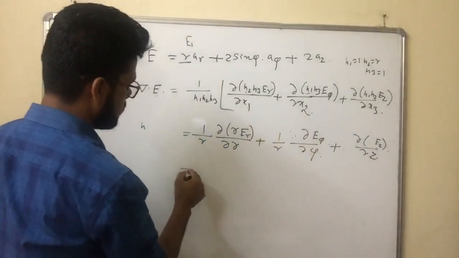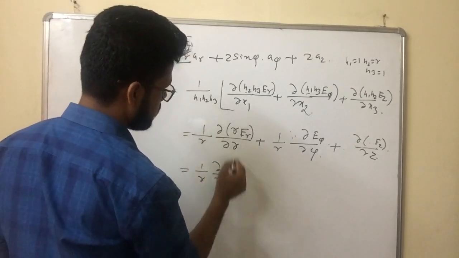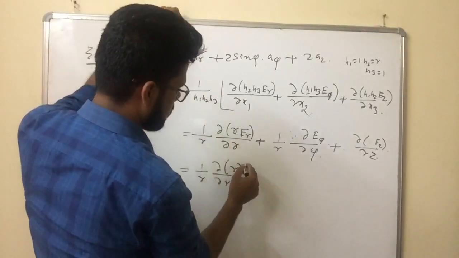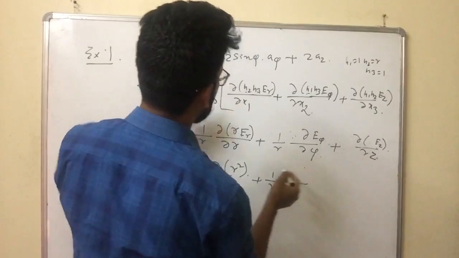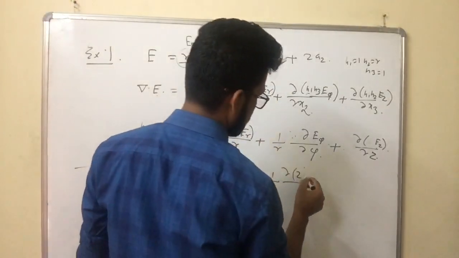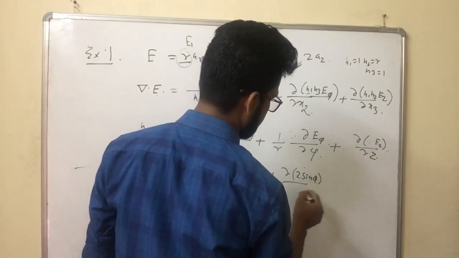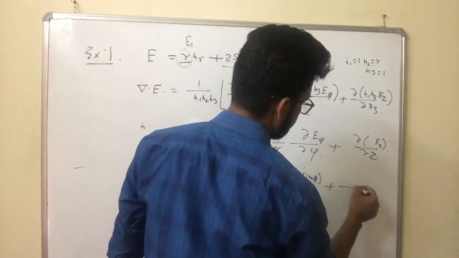So what we understand is, just put 1 by R, d by dr, put this value, E_R component is R. So it will be R squared. Next term, 1 by R, phi component is this one, Z sin phi, d by d phi.